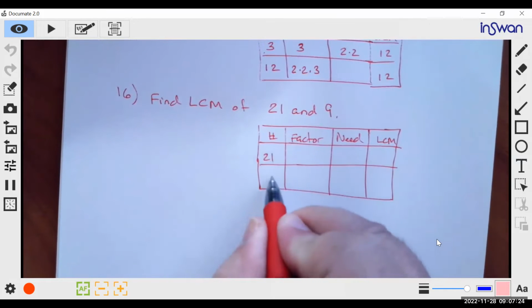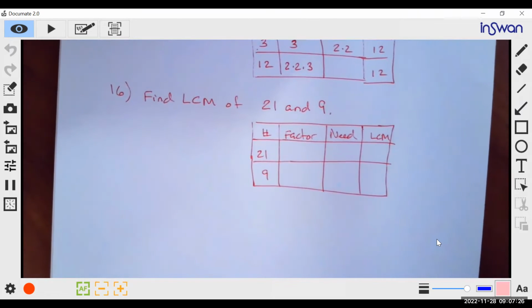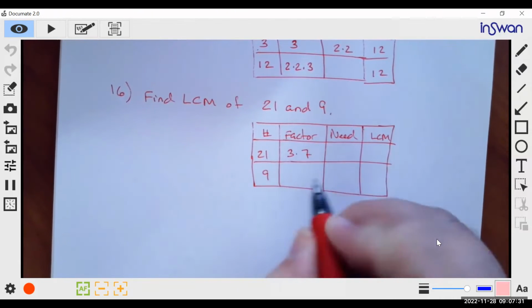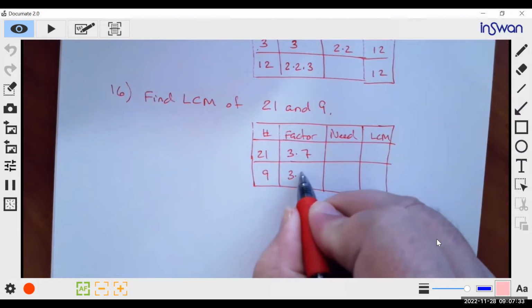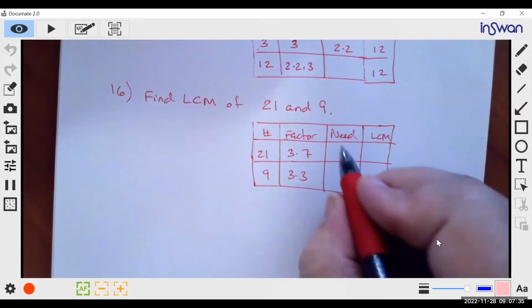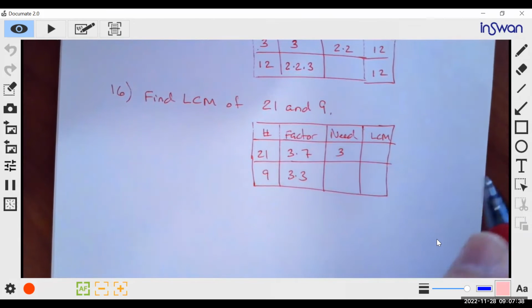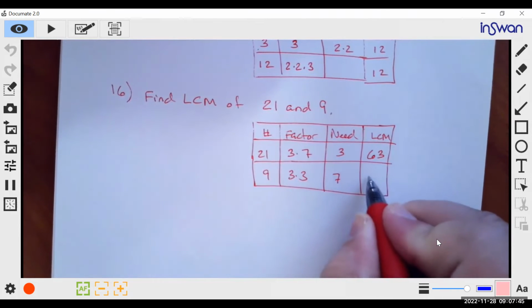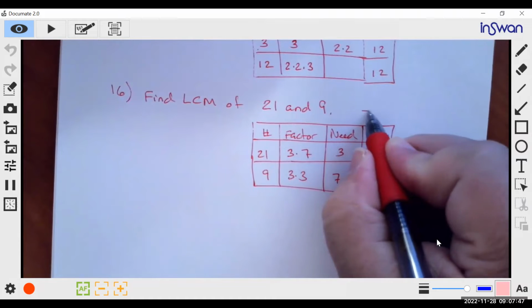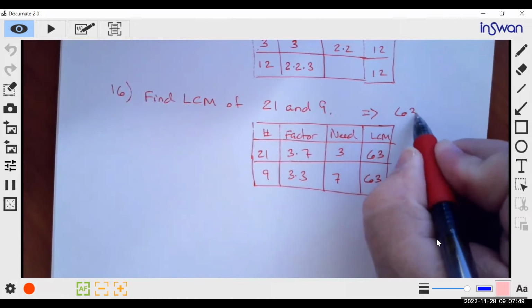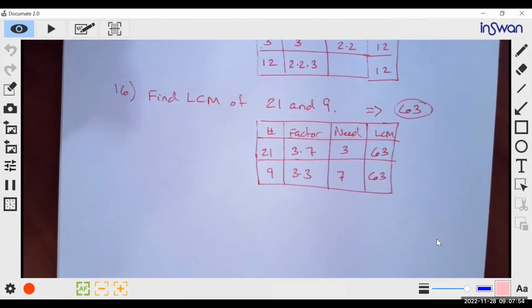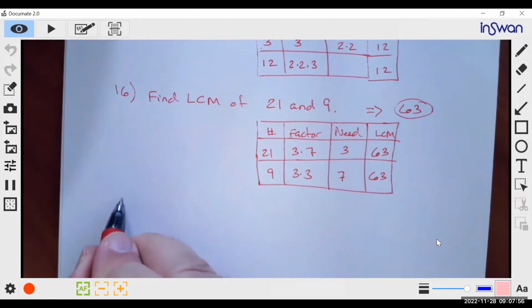So 21 and 9. What are the factors of 21 and 9? So the top one needs a what? And the bottom one needs a what? So 9 times 7 is 63. So that's the smallest number that they both fit into.